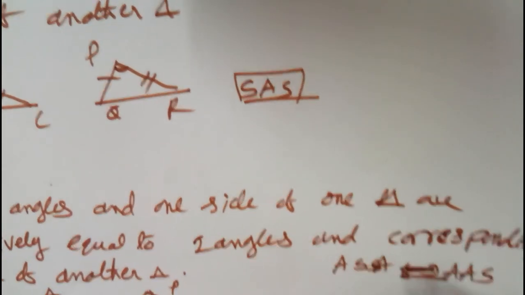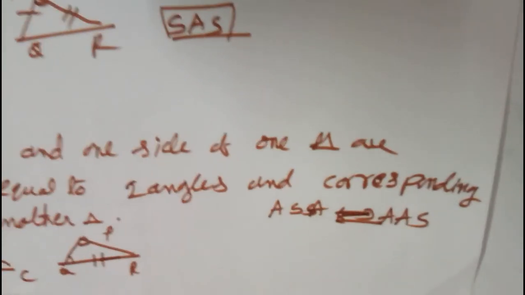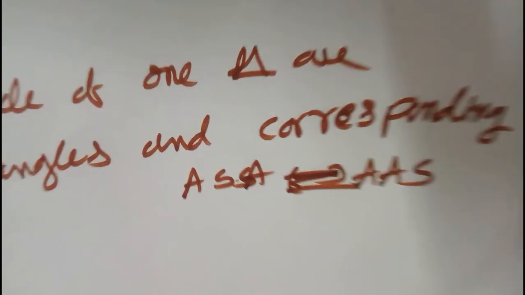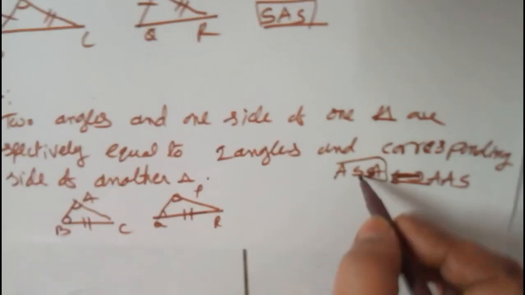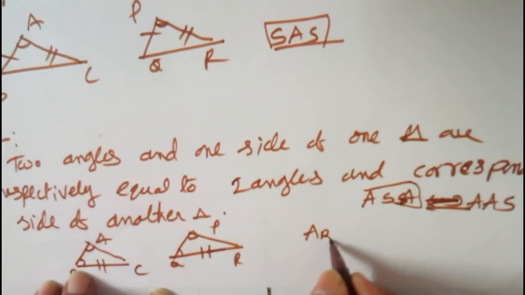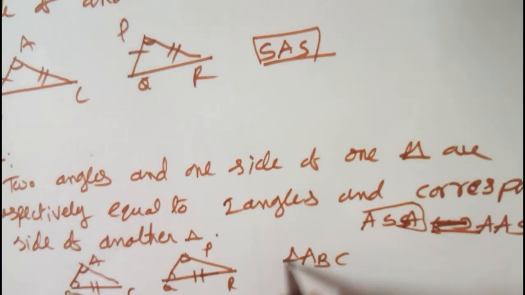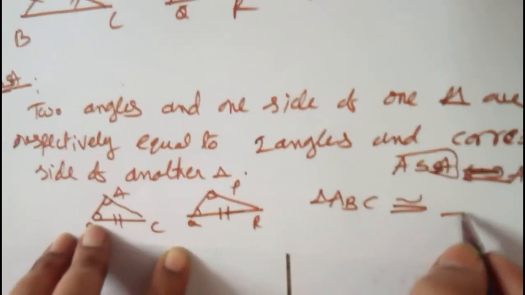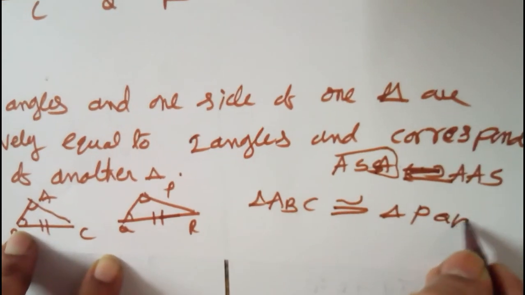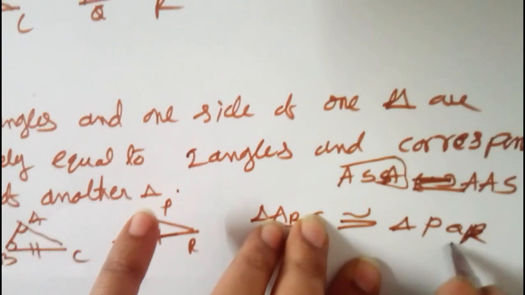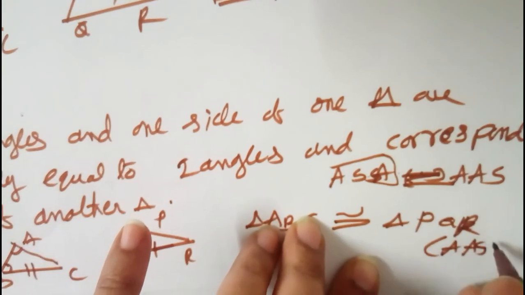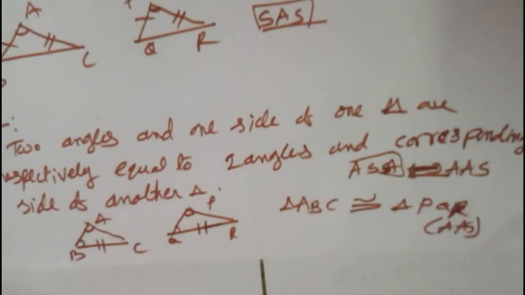ASA is nothing but AAS also. Two angles and corresponding side of another triangle. Then we can say that these two triangles are congruent. So triangle ABC is congruent to triangle PQR, and which condition? AAS condition. AAS and ASA both are same.